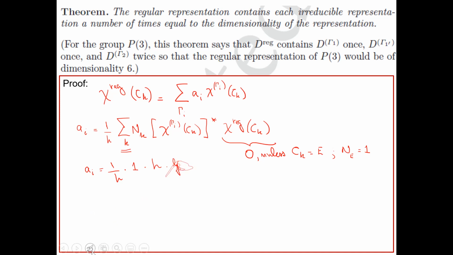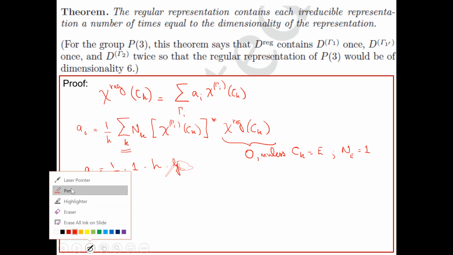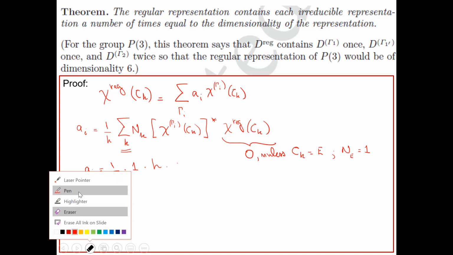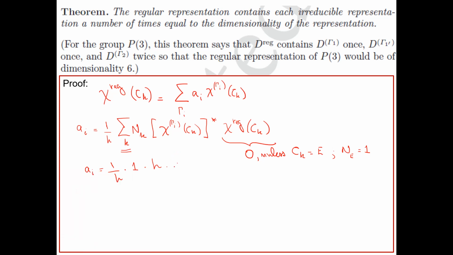Sorry. This is the dimensionality of representation gamma I, okay? This is Li.